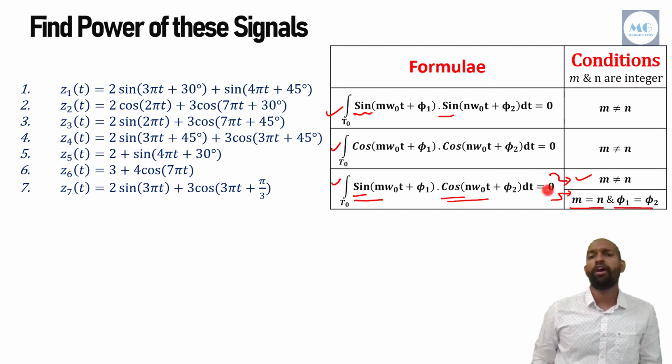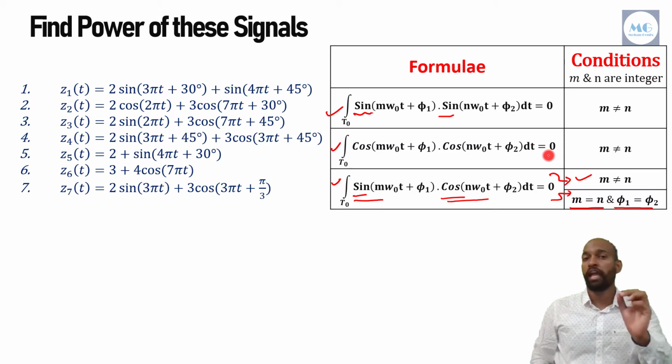In this way, by writing in this kind of tabular form, we can remember these formulas. I suggest you all write these formulas in this tabular form on a paper and paste it on the wall so that you will always remember. This will be very helpful for your exams.